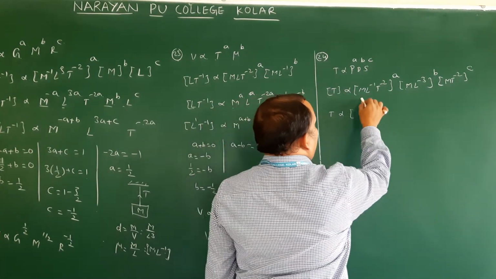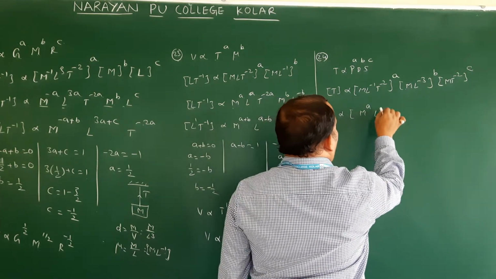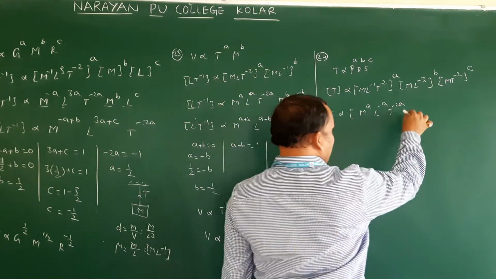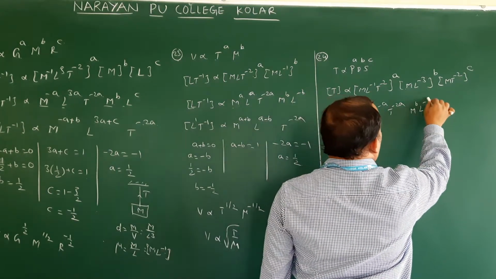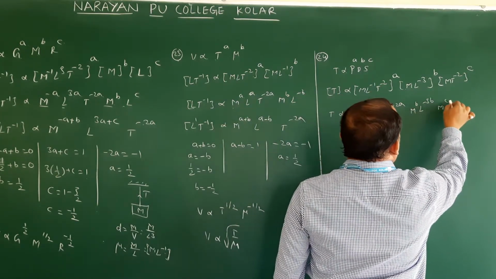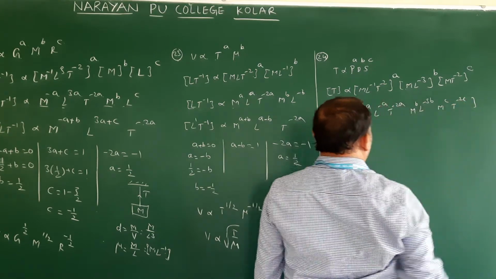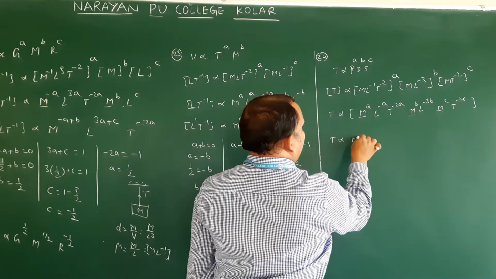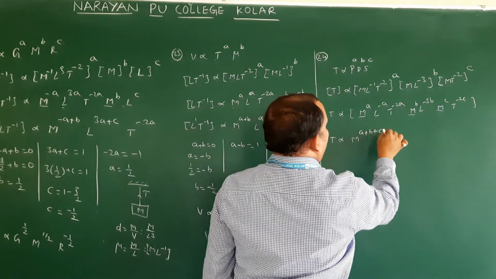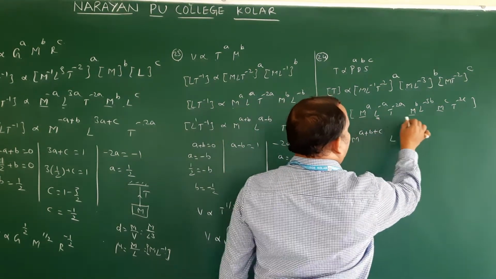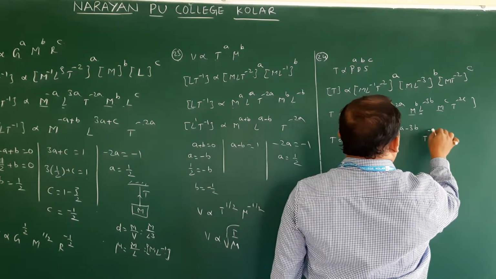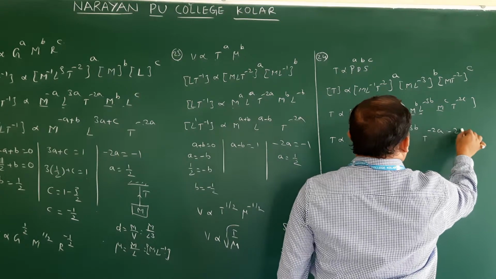Here only T is there. T is directly proportional to, expand this one, m power a, L power minus a, t power minus 2a, m power b, L power minus 3b, m power c, t power minus 2c. So T is directly proportional to m power a plus b plus c, L power minus a minus 3b, t power minus 2a minus 2c.